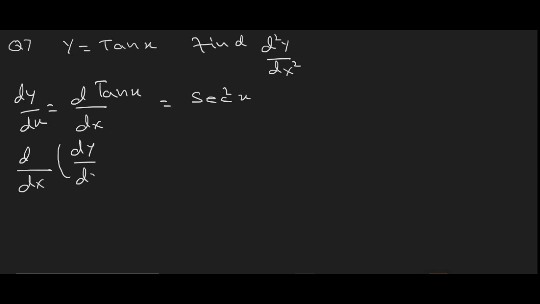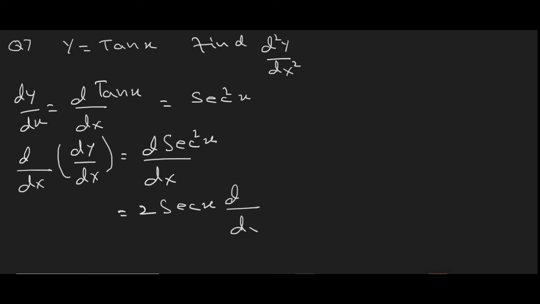Now taking the second derivative, d by dx of dy by dx is equal to d by dx of secant square x. So 2 secant x, first of all we have taken the derivative by the power rule, then we are going to take the derivative of the function secant x.